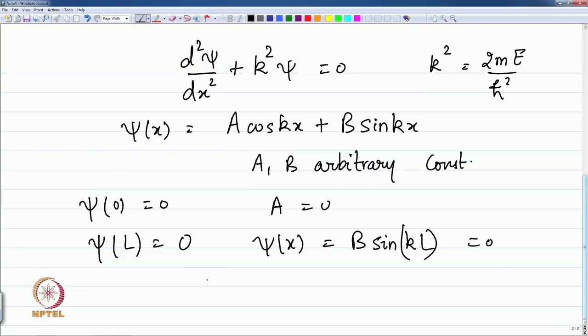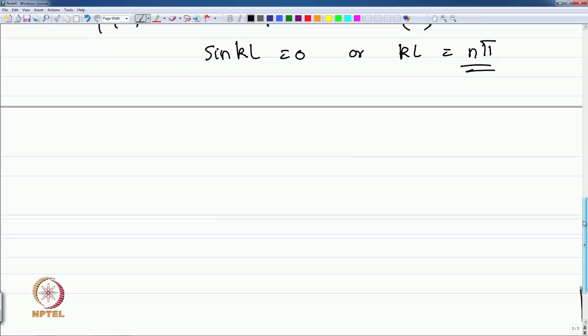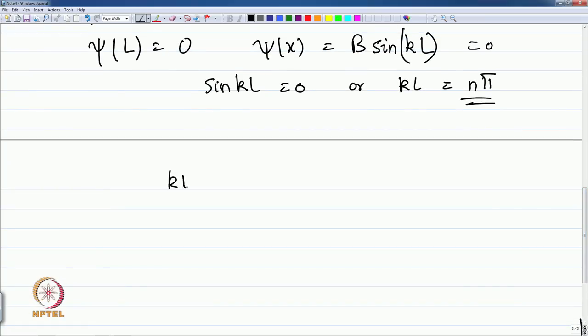Therefore, we are going to consider a non-trivial solution with b not equal to 0, which means sin kL has to be 0, or kL has to be an integer times π. kL is equal to nπ, and we do not want n equal to 0, which is also the case of triviality, so n equals 1, 2, 3 etc. integers. Please remember k is equal to nπ by L.